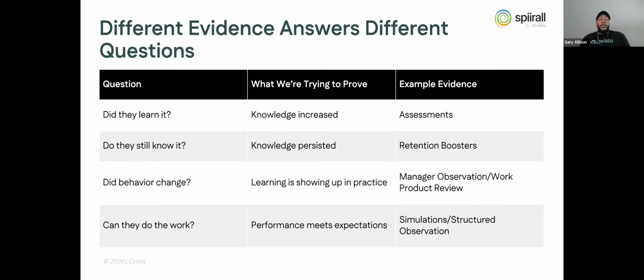Can they do the work? Again, this is asking, is their performance meeting expectations? Is it improving? Are they more accurate? Are they more efficient? And again, simulations and different types of structured observation where they're actually doing the work is some of the best evidence that we can provide that they are now meeting the expectations of what they learned.